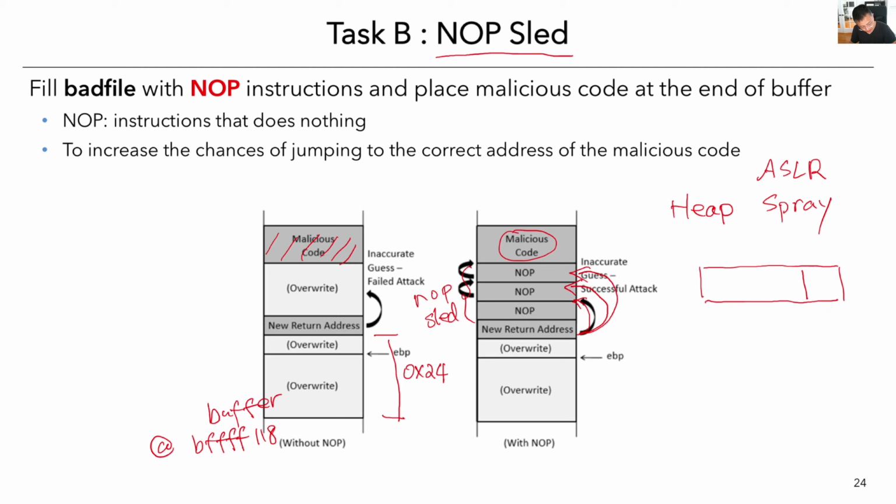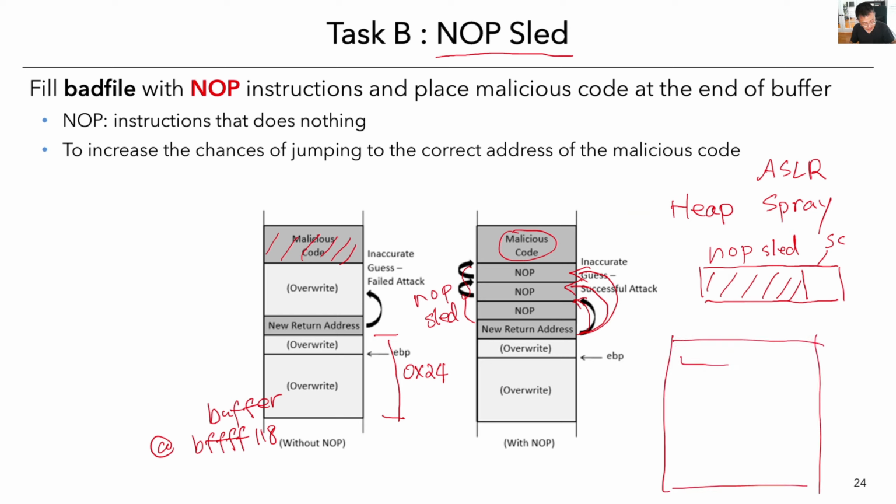Here is a very long NOP sled, followed by the shellcode. So assume this is your heap, which will contain a lot of copies of such malicious code.